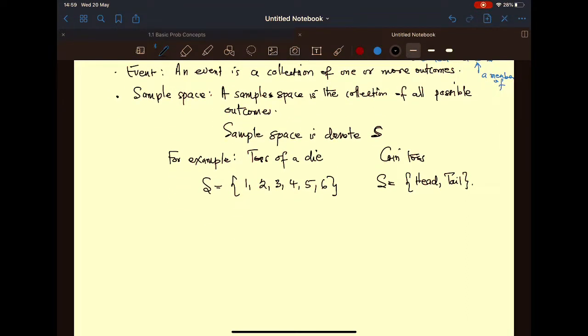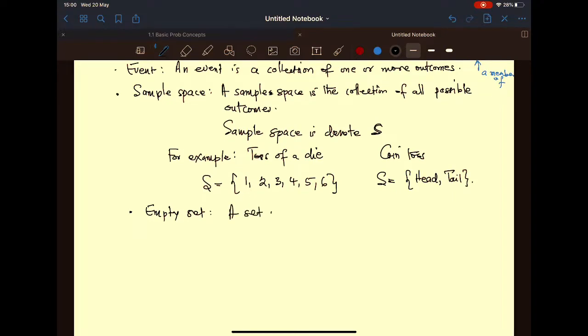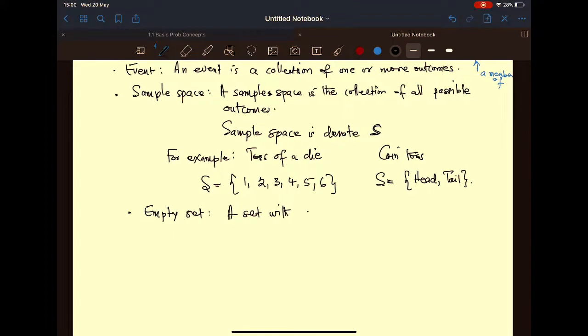Okay, now we also want to know what an empty set is. An empty set is also a set, but in this case, from the name, we can all presume very well that this set has no element. So it's a set with no elements.